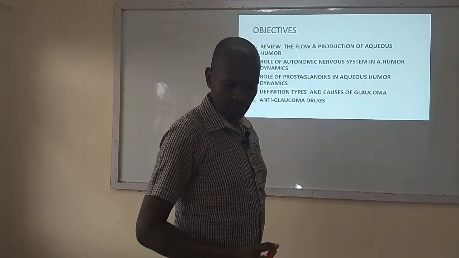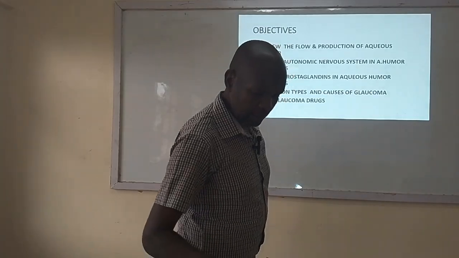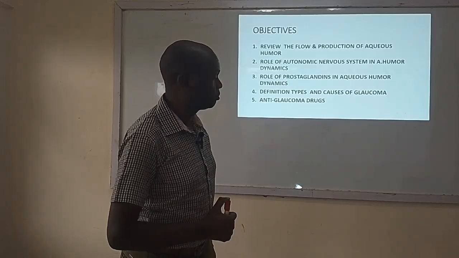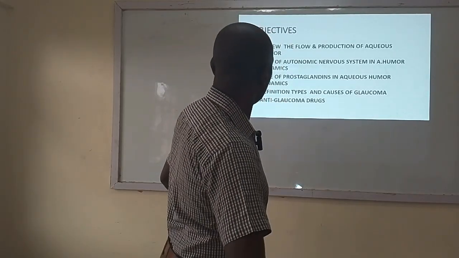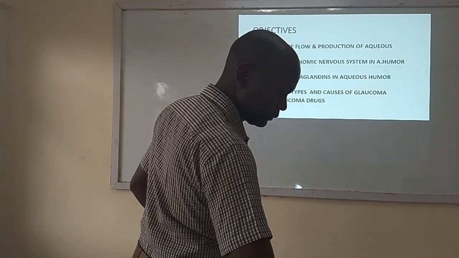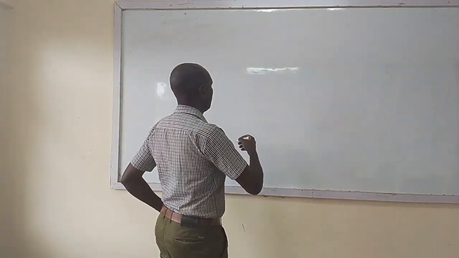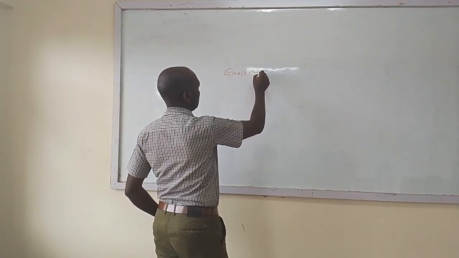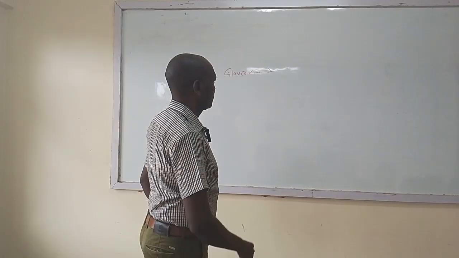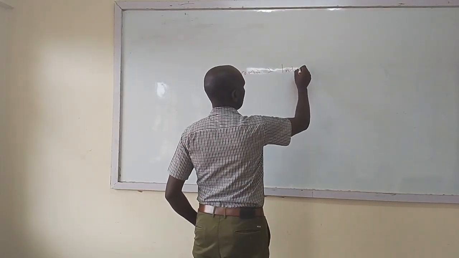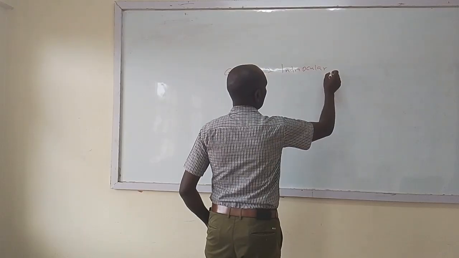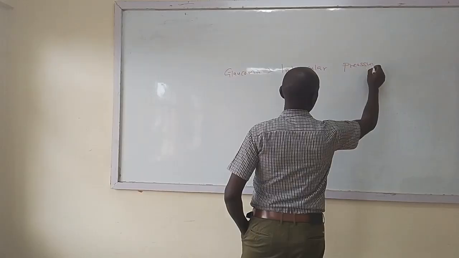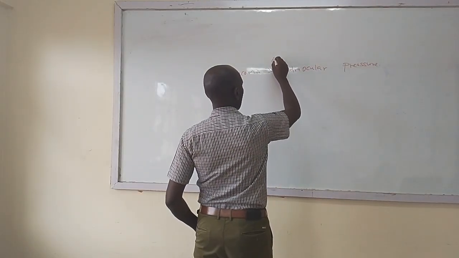So before we get into details, there are some few things that we need to know. We need to know that in layman language, glaucoma is actually related to what we call intraocular pressure. That is when it is increased.